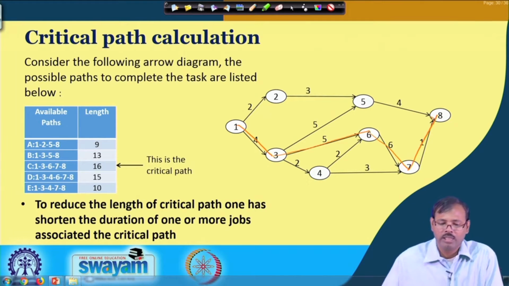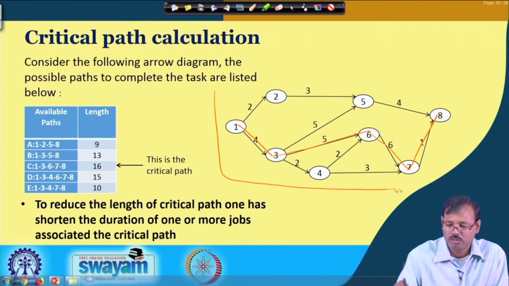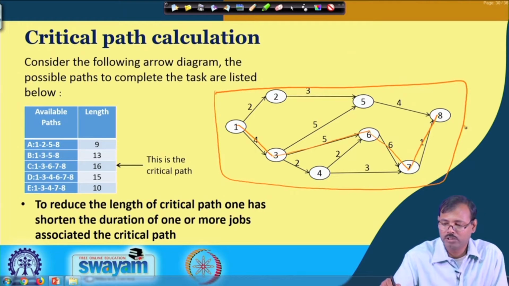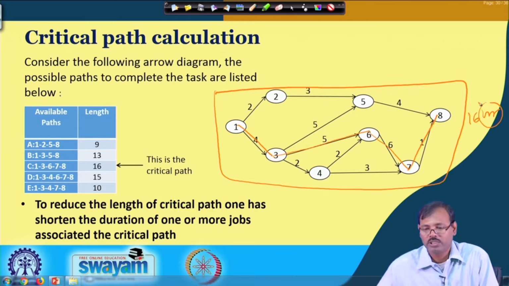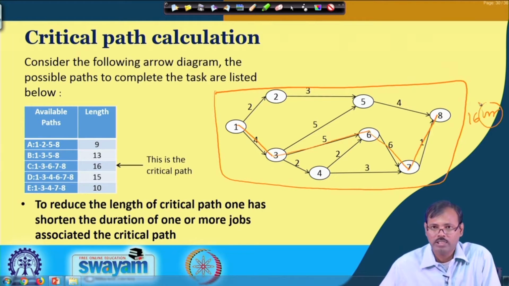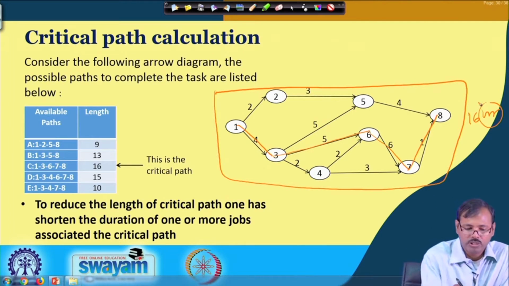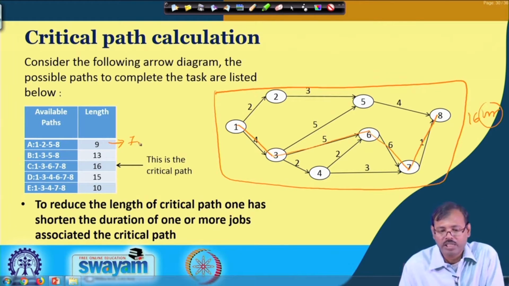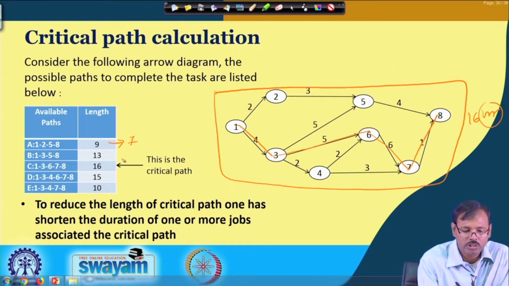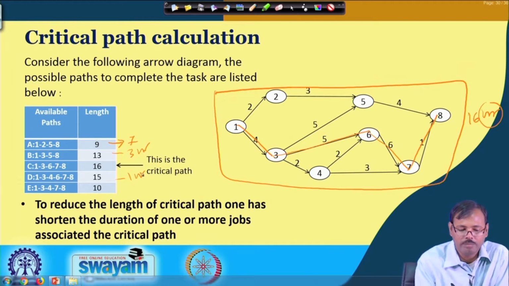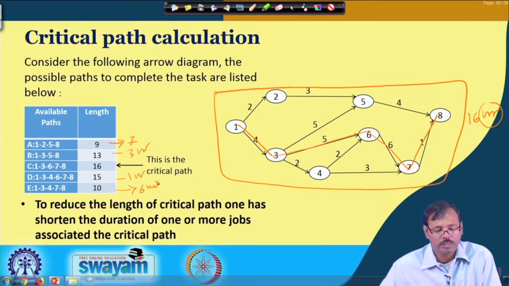That means, to complete this total project, it requires at least 16 hours, while it attributes a 7-hour slack in the A path, a 3-hour slack in the B path, 1 hour slack in the D path and 6-hour slack in the E path.